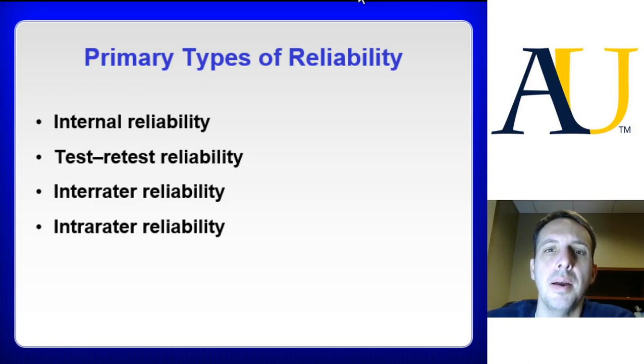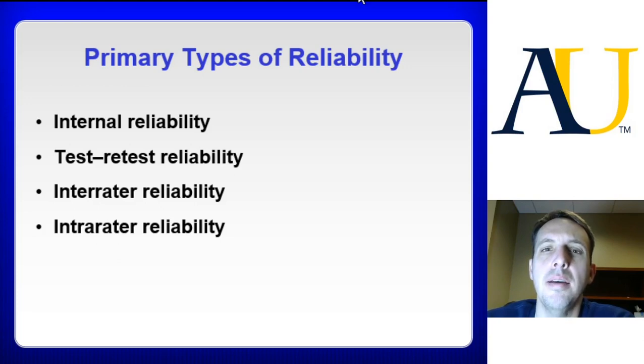But when we think about reliability as a whole, it's important that we spend time thinking about why we care about reliability to begin with. The reason that reliability is the first thing we're going to focus on is because if we don't have consistency amongst the measures, then we have no ability to ascertain whether potential differences are due to errors in measurement or due to differences between groups.